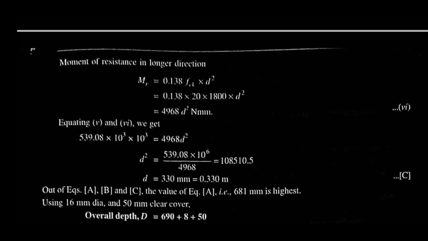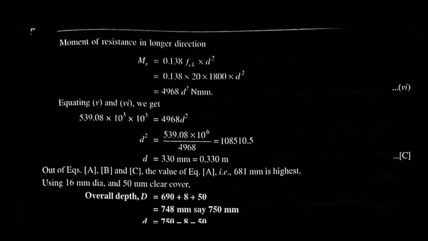So 539.08 into 10 cube into 10 cube, that is equals to 4968 d square. So d square is equals to 539.08 into 10 to the power 6 by 4968, that is equals to 108510.5. So d is equals to 330 mm or 0.330 meter.